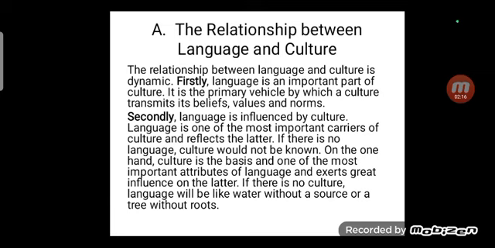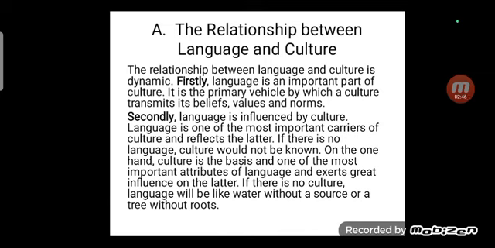The relationship between language and culture. The relationship between language and culture is dynamic. Firstly, language is an important part of culture. It is the primary vehicle by which a culture transmits its beliefs, values, and norms. Secondly, language is influenced by culture. Language is one of the most important carriers of culture and reflects the latter.